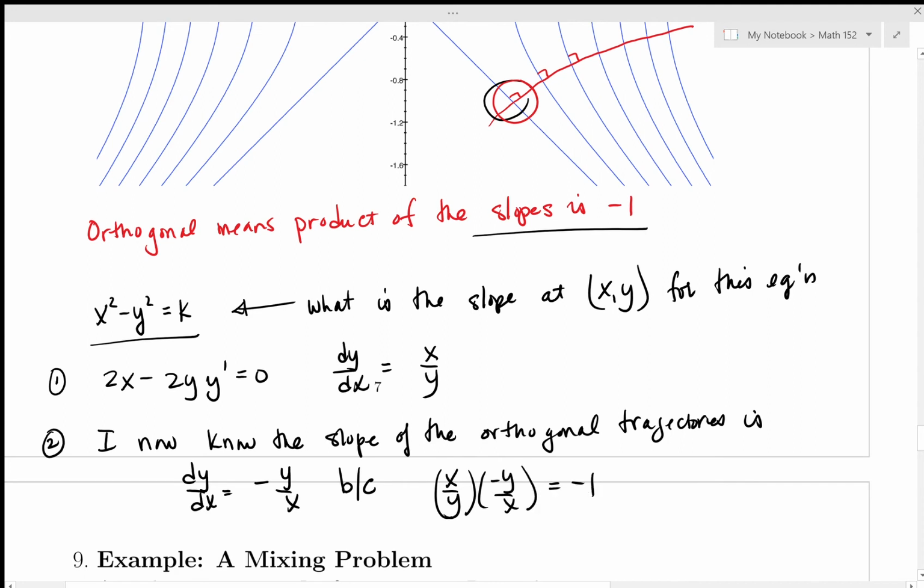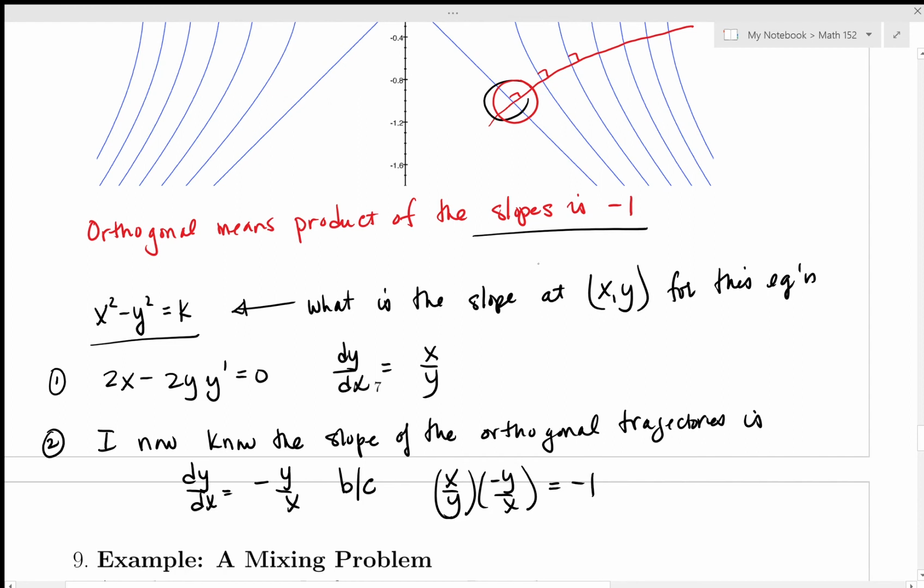It's a negative reciprocal. So good news, my problem is now solved, because I've managed to translate what looks new and perhaps difficult at the outset into a little bit of thinking about what we already know.